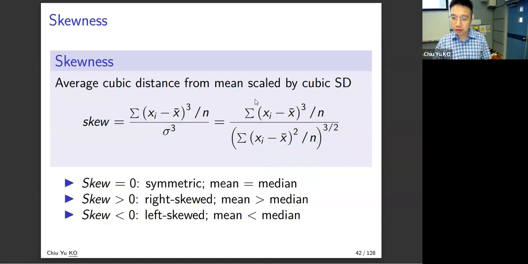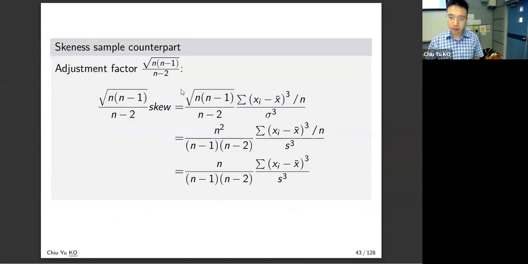So there's a skew. And remember, you don't have to worry about the calculation, because Excel gives you the answer. You don't have to actually work it out. I want to draw your attention to this one.